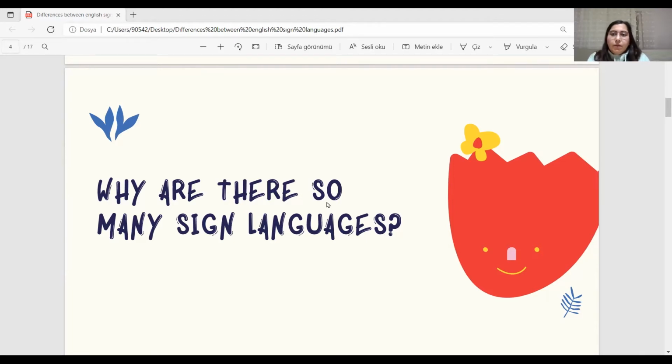Therefore, these interactions will be different between communities. As an example, BSL has many dialects that vary region by region. That's why signs in Scotland may not be understood in southern England.